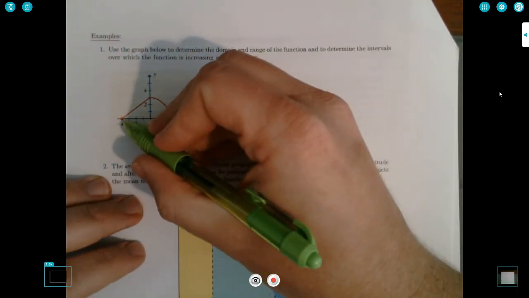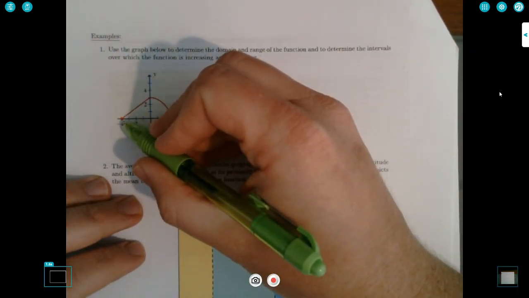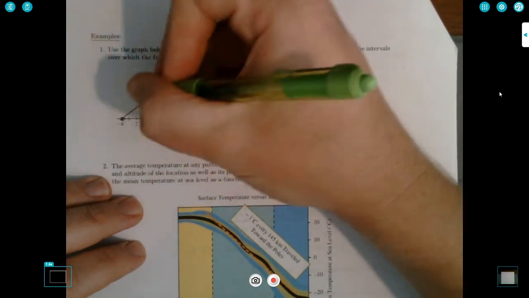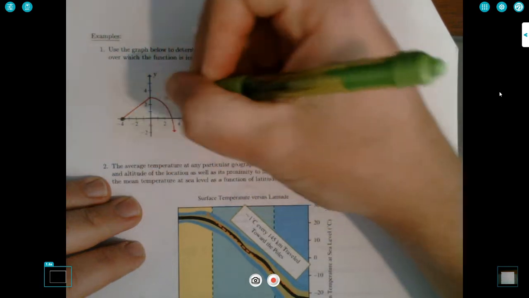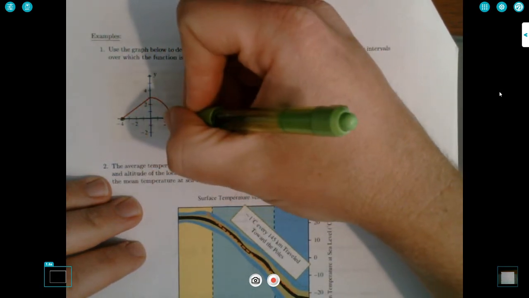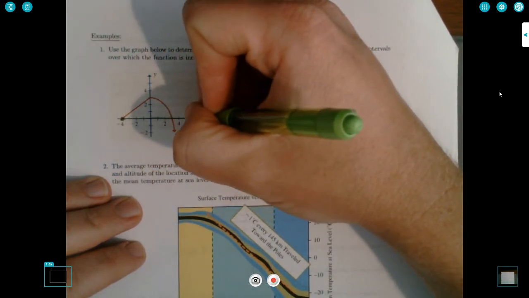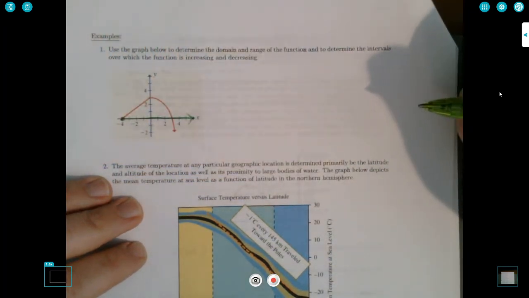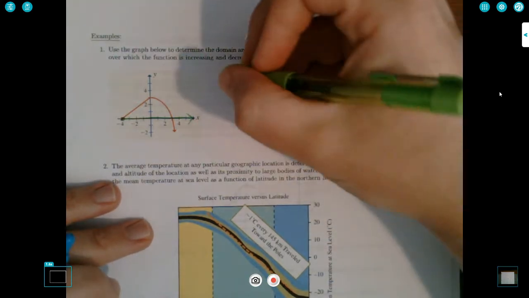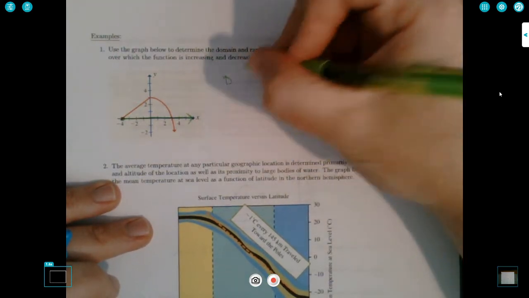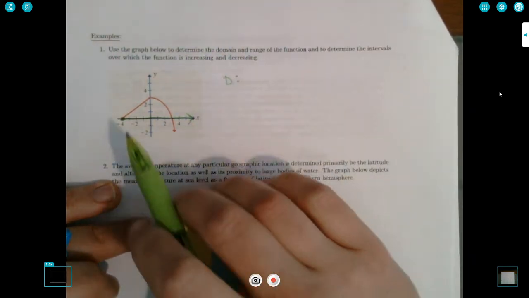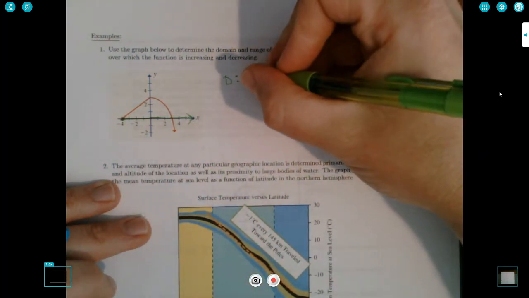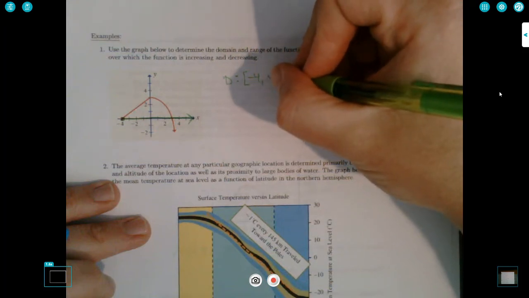Well, this is not an arrow. Notice that's just a point. And so the function would start here, and it would go this way. And this is an arrow, and so that indicates that it's going to keep going forever on and on in that direction. You can barely see the color, but that's like a green color, right? So the domain would be everything from -4 to infinity, right? So the domain is -4 to infinity.